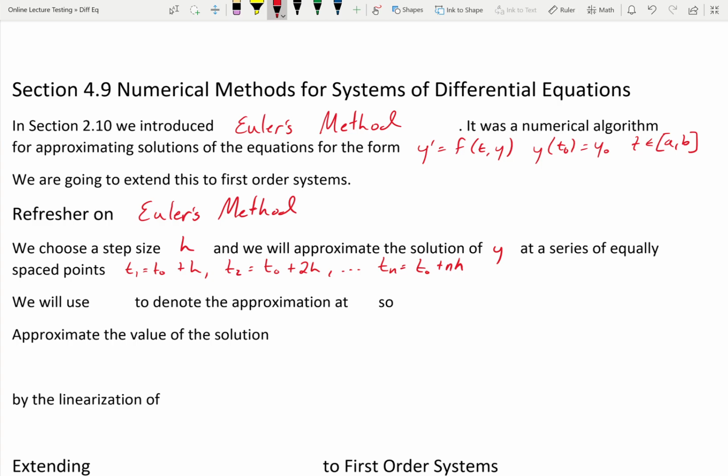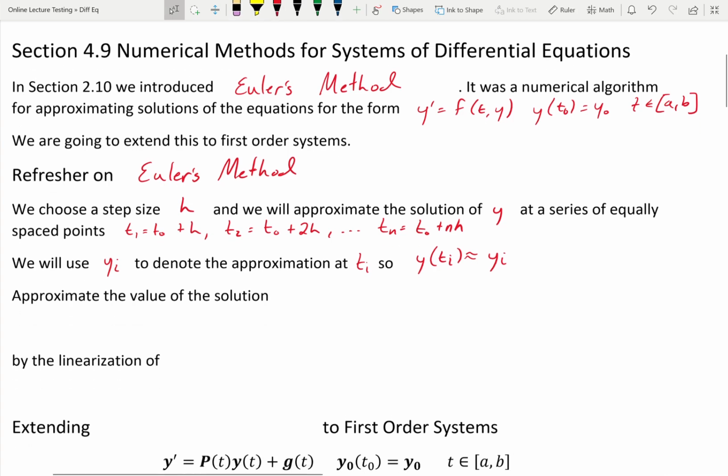And so we will use y sub i to denote the approximation at t sub i. So y of t sub i is approximately equal to the function value y sub i.